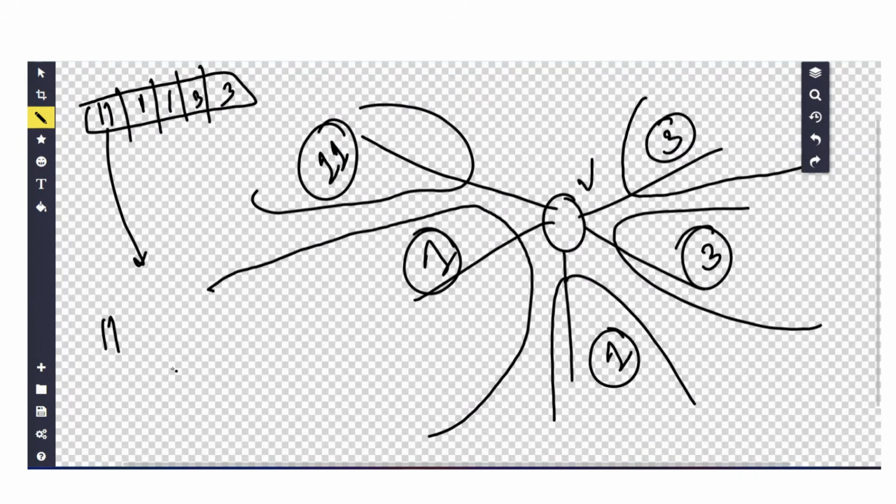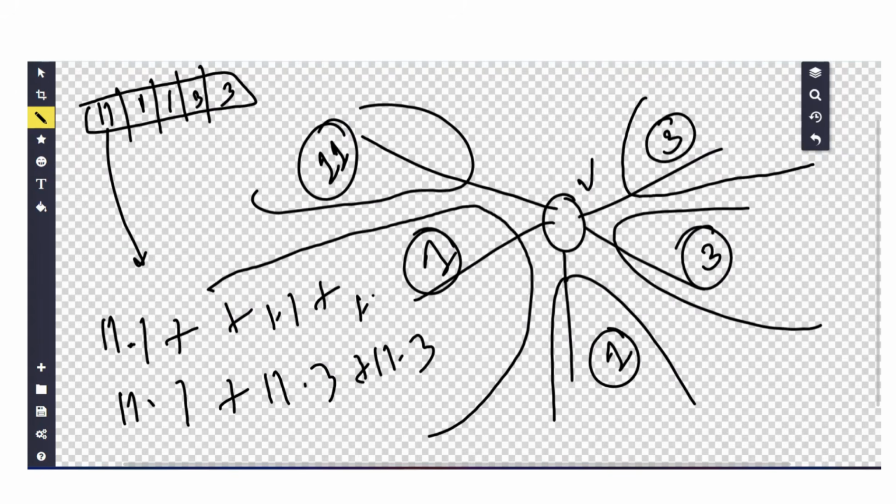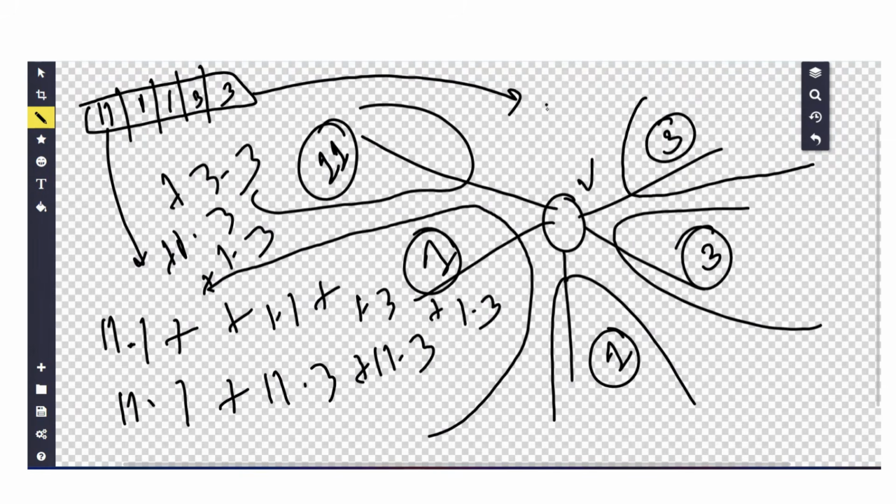So 11 into 1 plus 11 into 1 plus 11 into 3 plus 11 into 3 plus 1 into 1 plus 1 into 3 plus 1 into 3 plus 1 into 3 plus 1 into 3 plus 3 into 3. Guys, the answer is nothing but the summation of ai into aj: the sum of products of all pairs of the array.